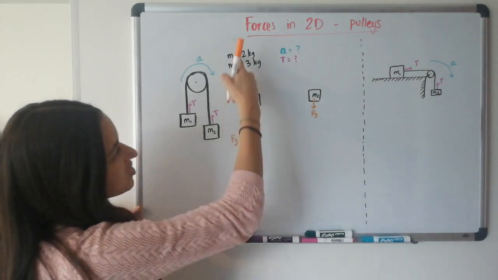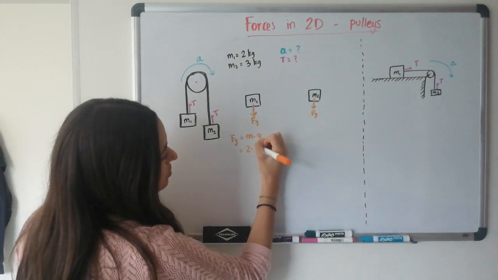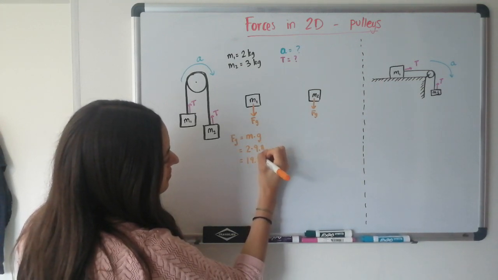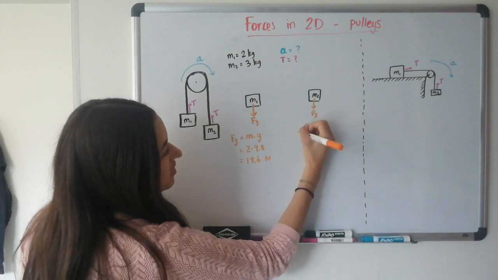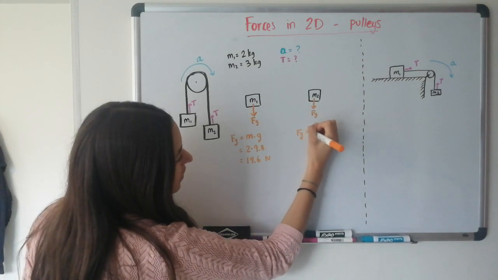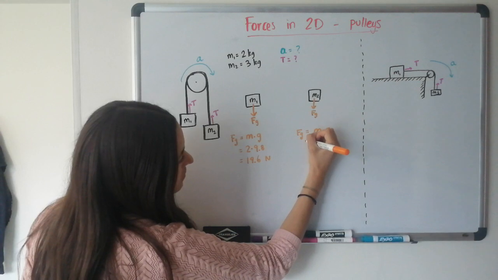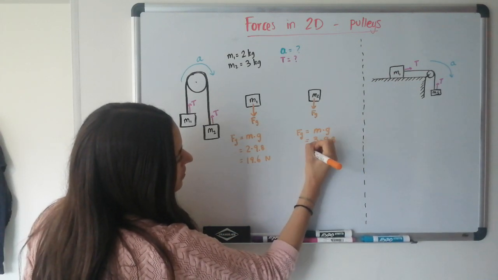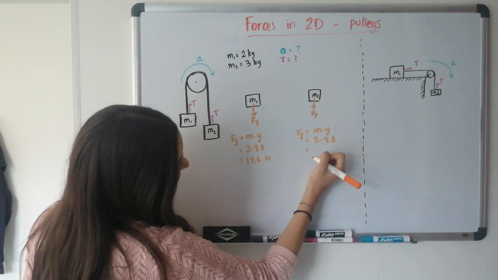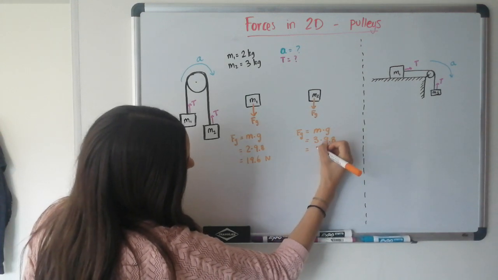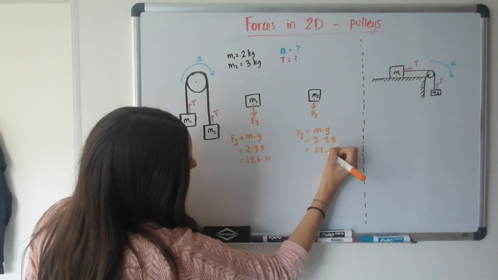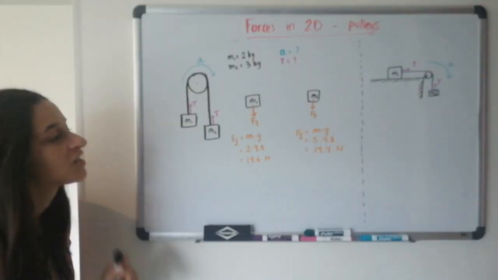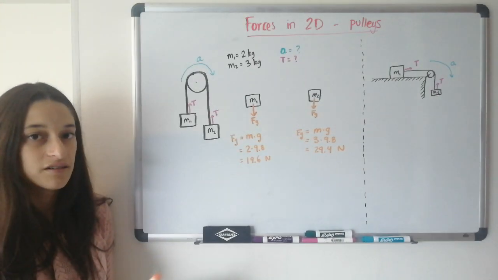So in this case, because mass 1 is 2, we have 2 times 9.8, which is 19.6 newtons. But for mass 2, the weight, which is also m times g, is going to be 3 times 9.8, which is 29.4 newtons. Okay, so we have the weight for both.